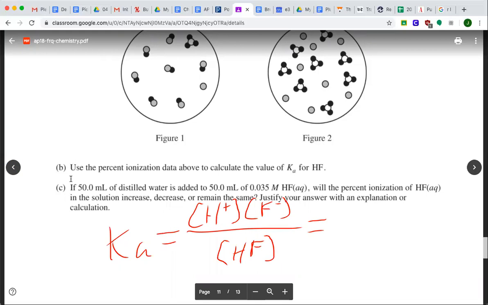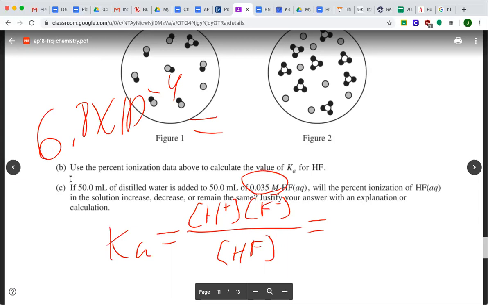So now that you know your Ka is 6.8 times 10 to the negative fourth, that's going to be equal to x squared divided by 0.035 divided by 2, so 0.0175 minus x, and you go ahead and solve for x.